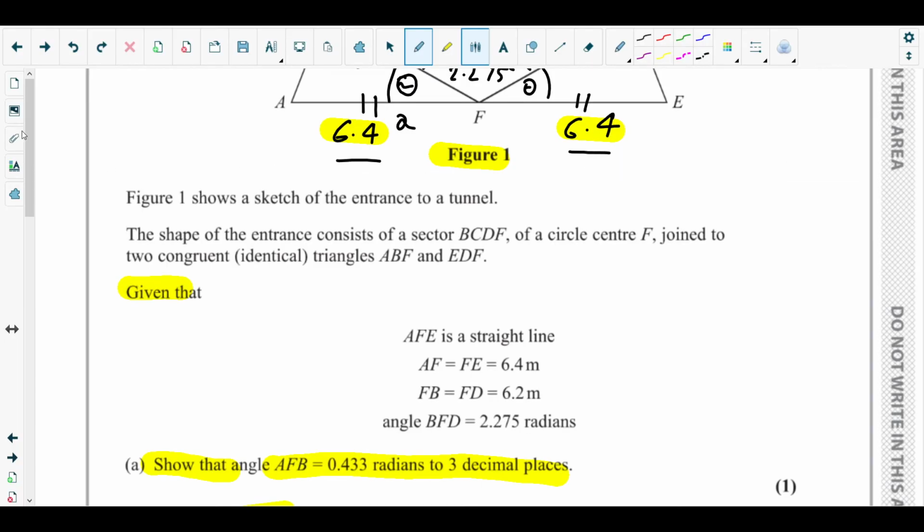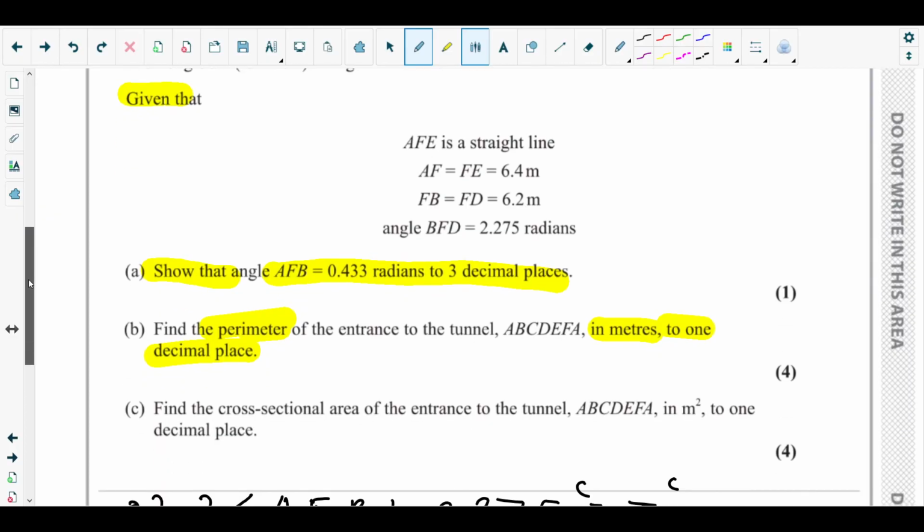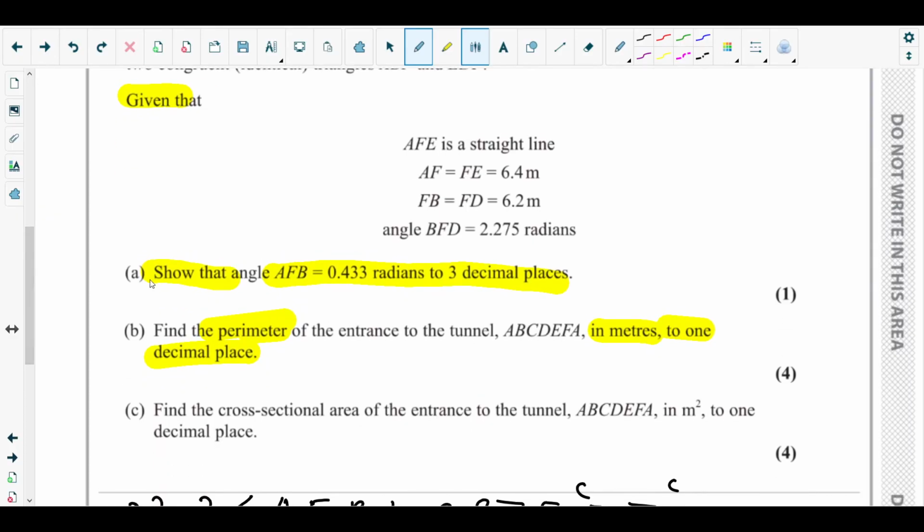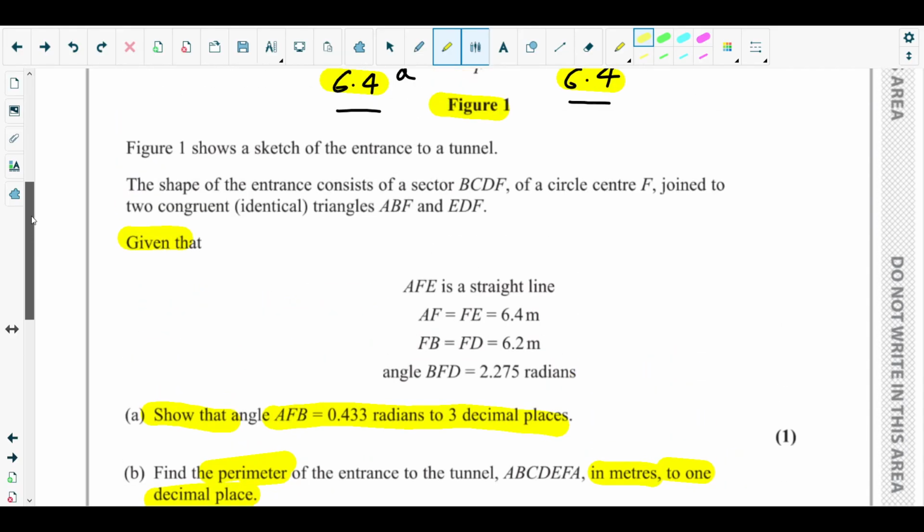Next is part C. In part C, they are asking to find the cross-sectional area of the entrance to the tunnel ABCDEFA in meter square to 1 decimal place. Our work is to find out the cross-sectional area of this tunnel.